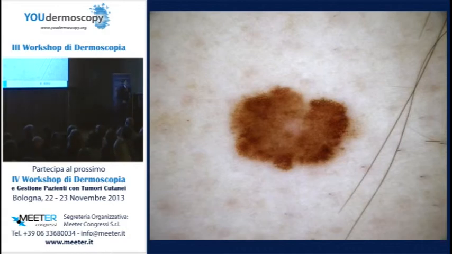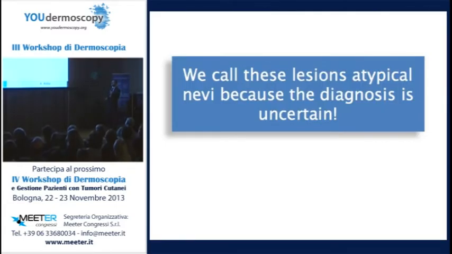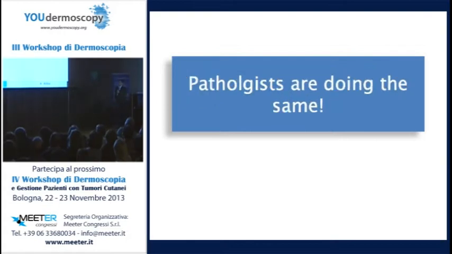And when we decide to excise an atypical or dysplastic lesion, we do not excise it because it may become a melanoma. No, we excise it because the chances are that this lesion actually is a melanoma. This is true. So we call these lesions atypical nevi because the diagnosis is uncertain and not because the future is uncertain. But pathologists, by the way, are doing the same.